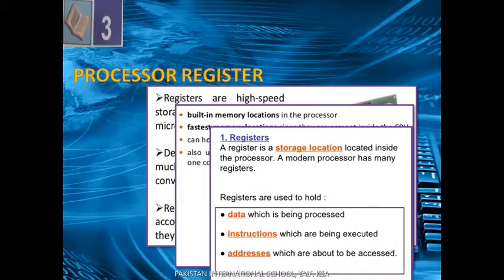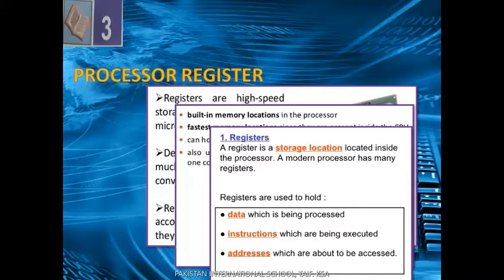A register is a storage location located inside the processor. A modern processor has many registers. Registers are used to hold your data, hold the instructions which are being executed, and hold the addresses which are about to be accessed. The major uses are data, instructions and addresses.